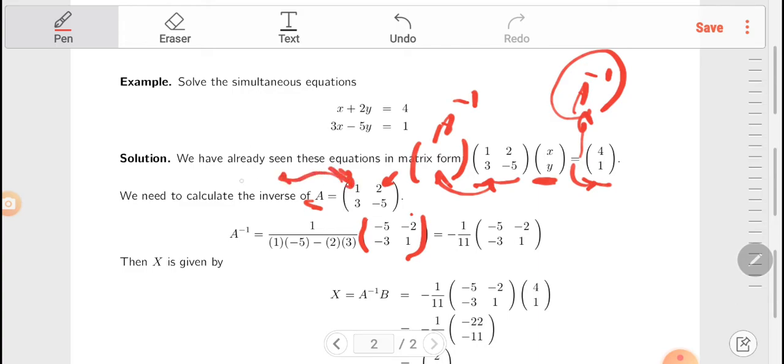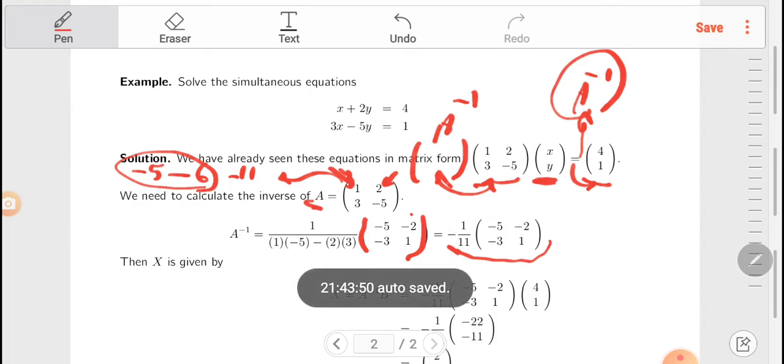Multiplied by 1 over the product of 1 and negative 5 minus the product of 2 and 3, which is 6. So the difference becomes negative 11, and we put here negative 1 over 11. So the inverse matrix becomes negative 1 over 11 times negative 5, negative 2, negative 3, and 1.